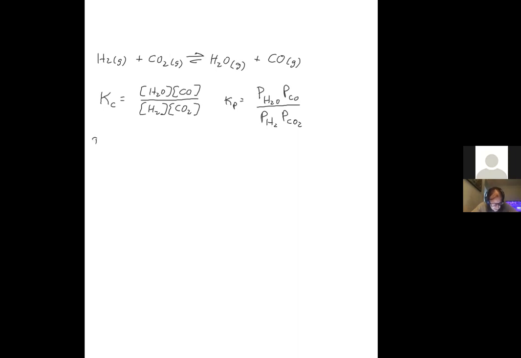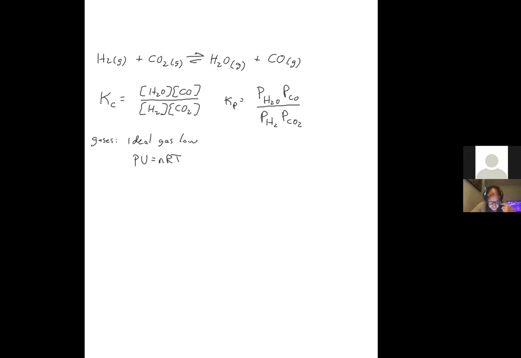When we're dealing with gases, we have the ideal gas law. I hope you remember that from Chem 11. PV equals nRT. Notice how there's pressure in this equation, and Kp is based on pressure anyways.